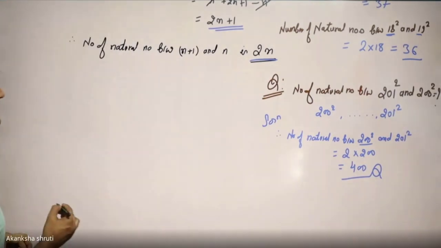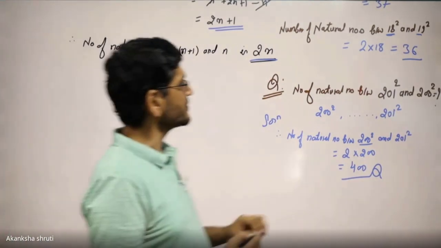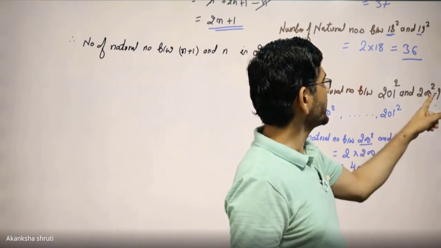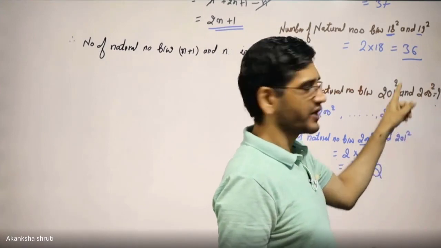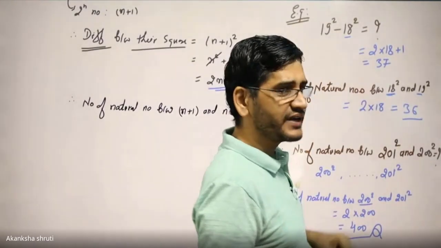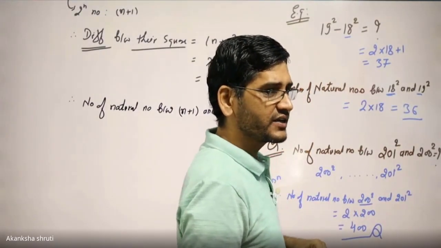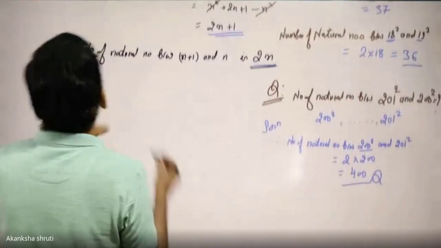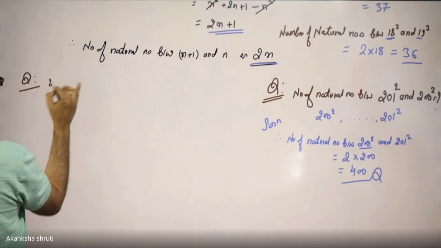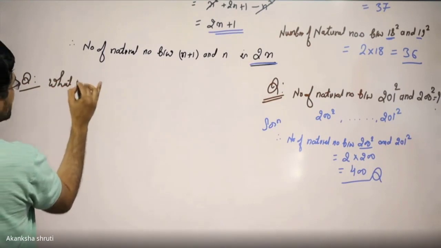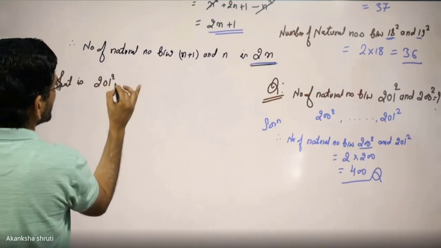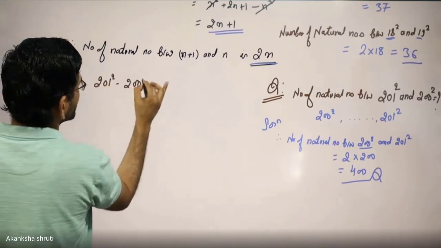Students, if it is asked what should be added to this 200 square to get 201 square, at that time we have to just take the difference. Okay, students? So very simple kind of things. The question may be framed like this: what is 201 square minus 200 square?